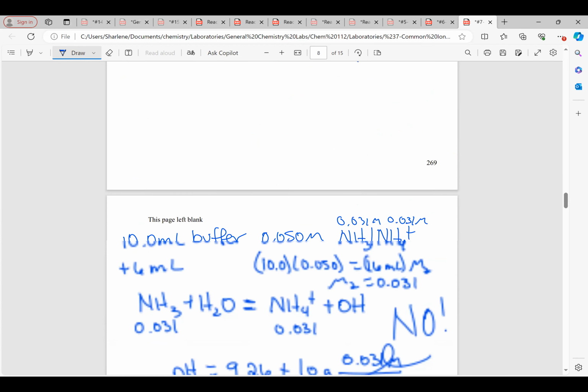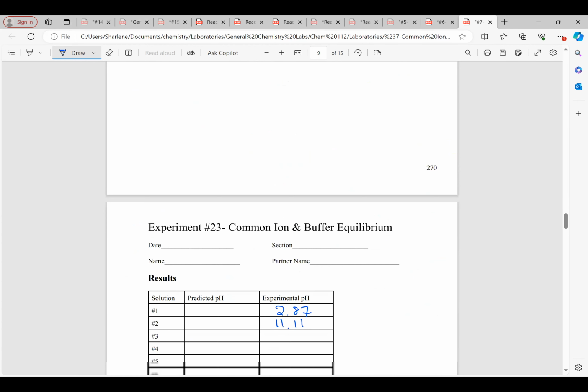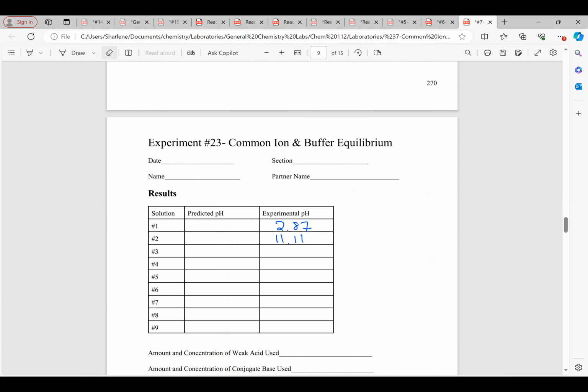I got number 2 wrong. So this one was just the ammonia. This one was the ammonium, which I'll have to look back for.